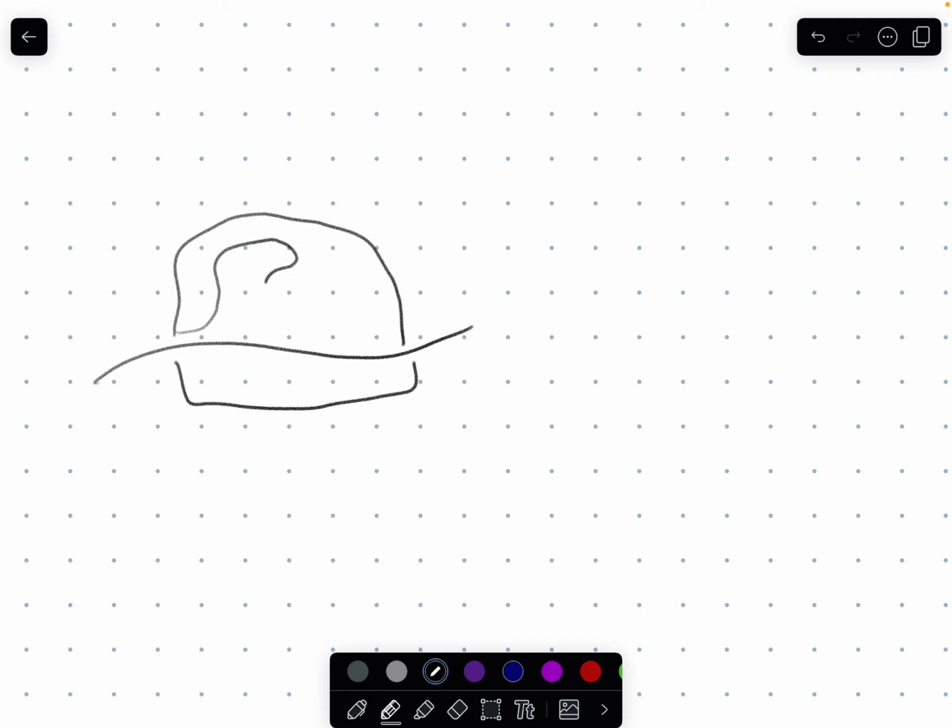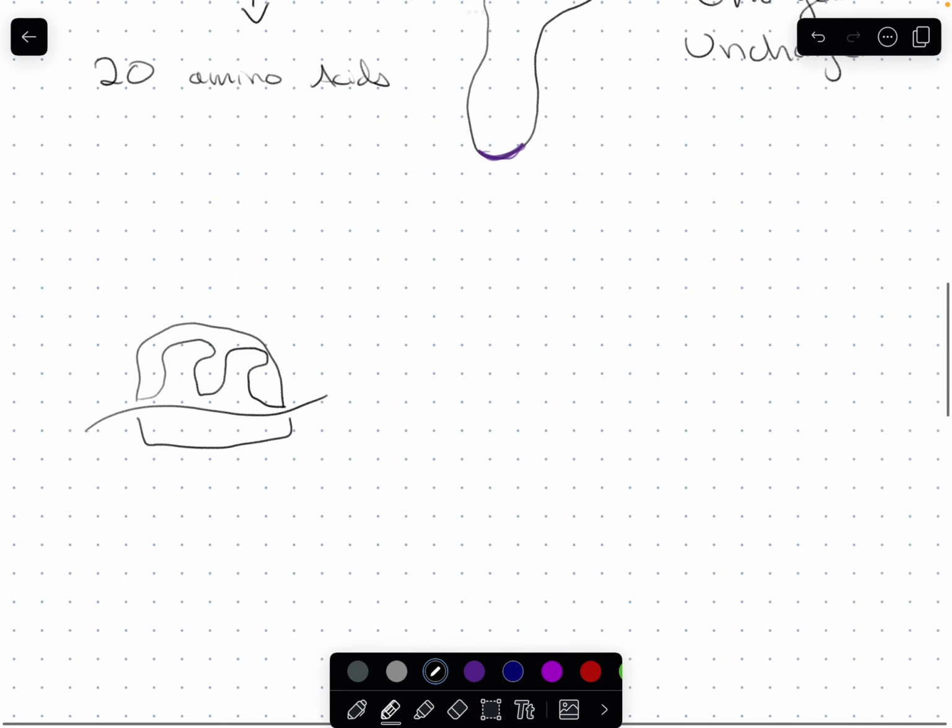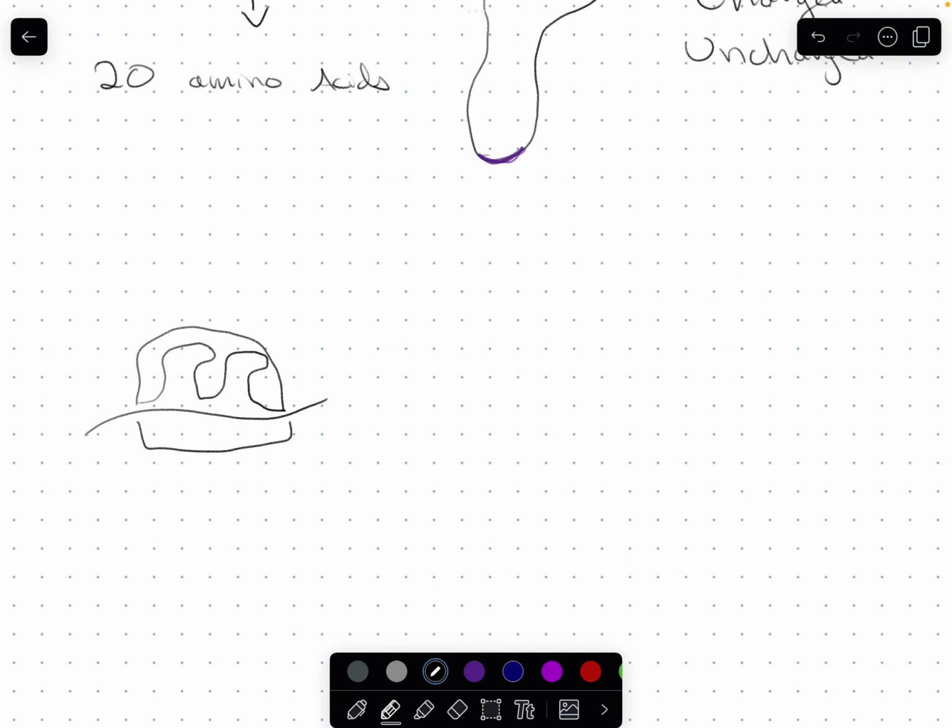So you have one site here, and then you have another site here. And they each are referred to with a letter. The one to the left is going to be your P site, and then the one to the right is your A site.